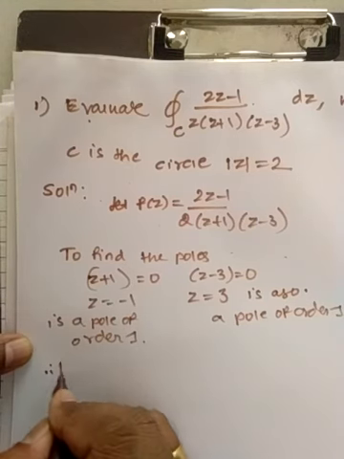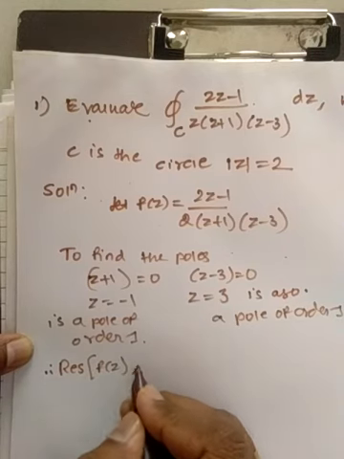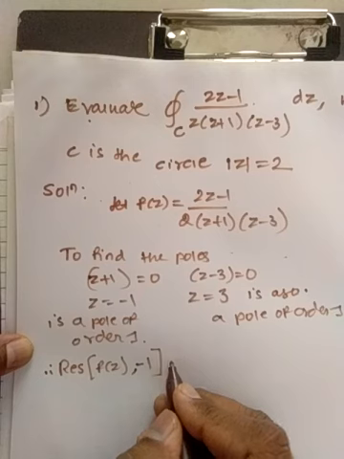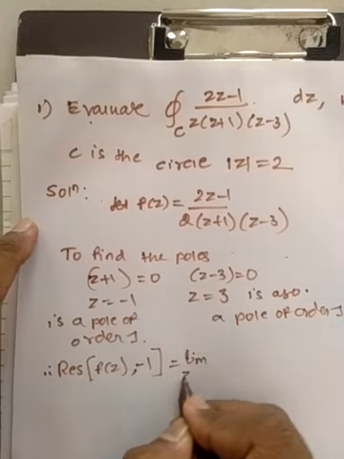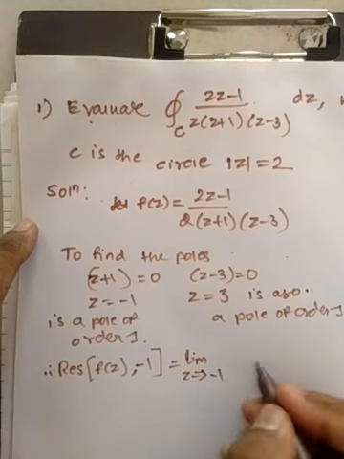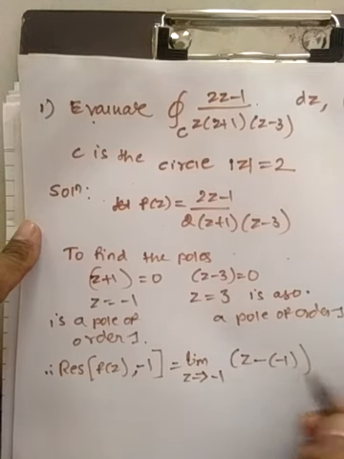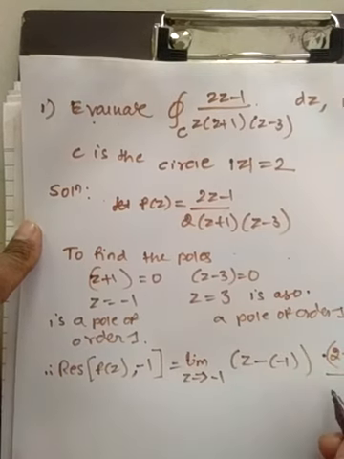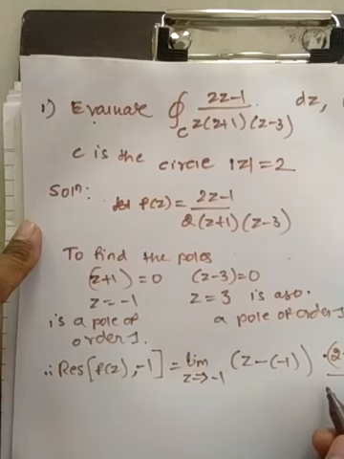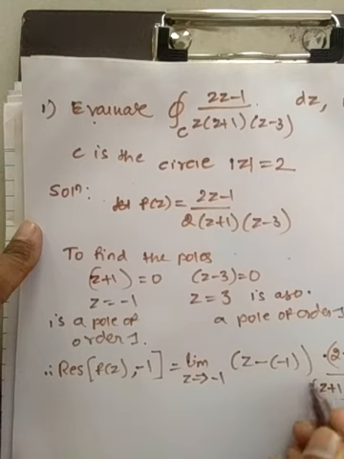So therefore residue of f of z at the pole minus 1 is equal to, according to the formula, limit as z tends to minus 1 of (z minus of minus 1) into f of z. So f of z means 2z minus 1 divided by z plus 1 into z minus 3 into 2.